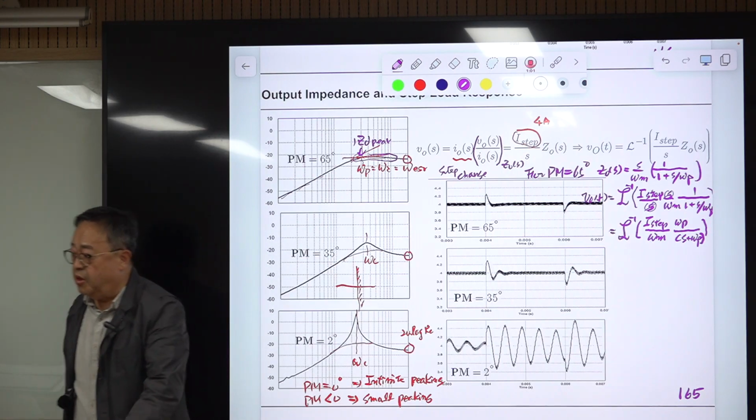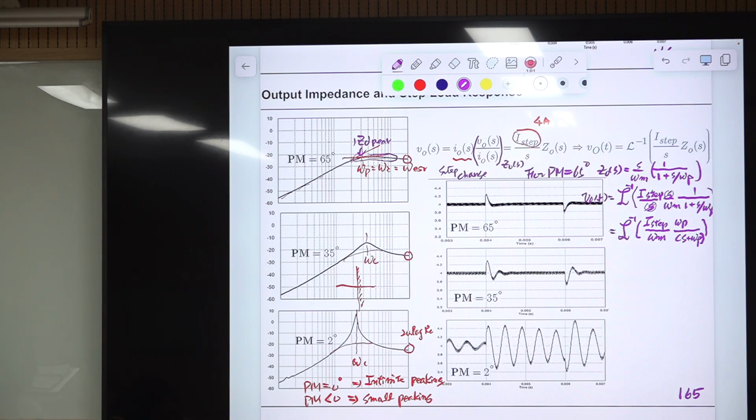So this is the maximum peak value of output impedance, which is 20 log RC, is minus 26 dB, because RC is known previously, and I'm sorry. Okay.